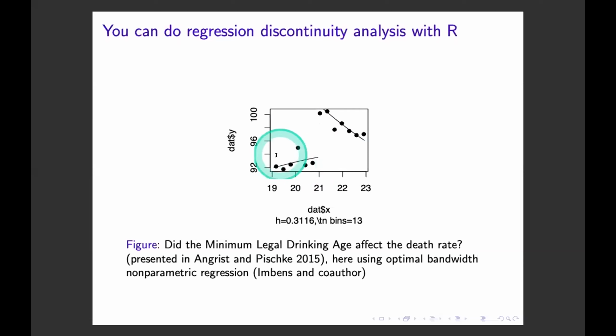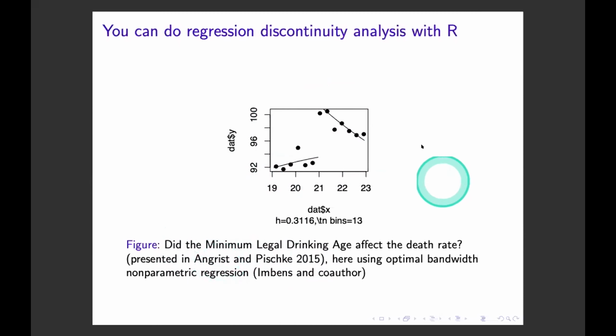But here, in that sense, you've got a comparison which has some integrity in terms of causal inference. This is presented in the book by Angrist and Pischke, 2015. And as you know, Angrist, of course, won the Nobel Prize this year.